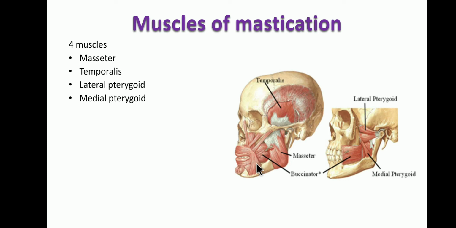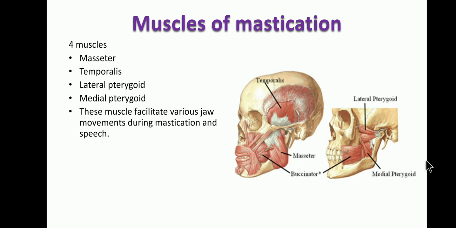This is very much necessary for mastication or munching, so for biting and munching the food, making the food into a bolus, and also for speech. We have to move our jaw for speech, not only our lips and the tongue. For the articulation of speech, the tongue is essential.